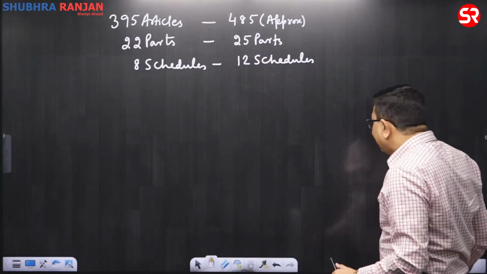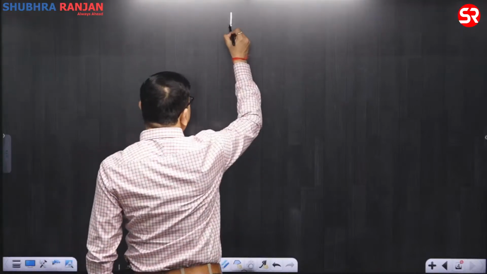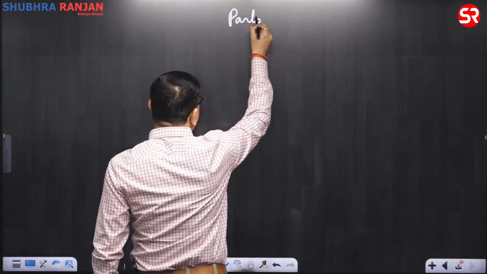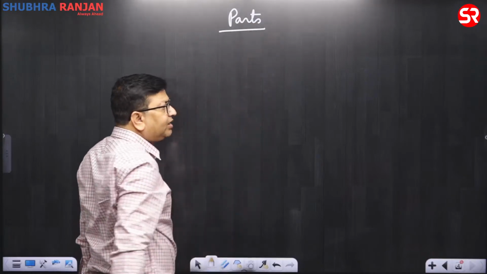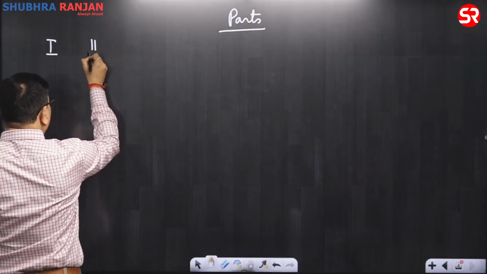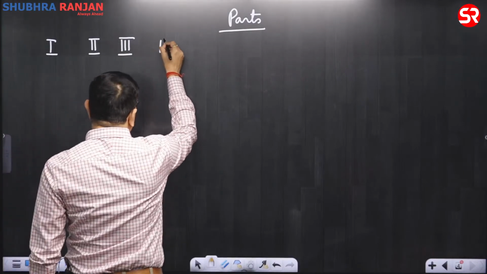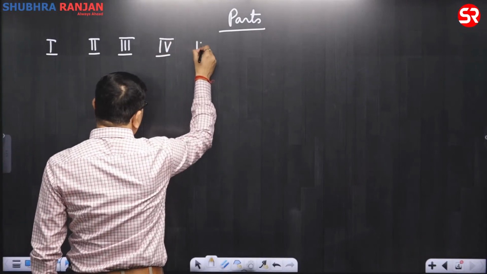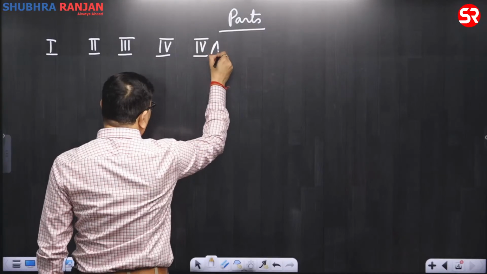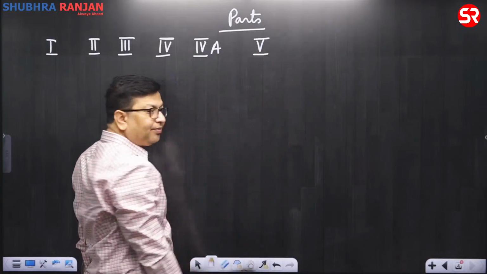When we talk about the Constitution, the broader aspects are termed as parts. Part 1, Part 2, 3, 4, 4A, 5, like this.